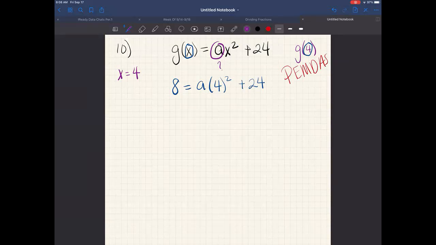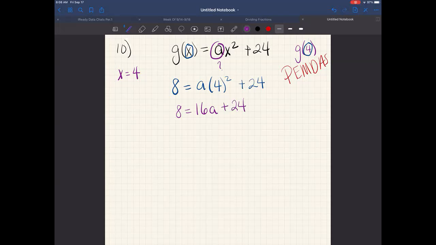First thing is my parentheses, and conveniently it is with an exponent, so that takes care of my first 2 letters. So 4 squared is what? 4 times 4, 16. So 16a plus 24.